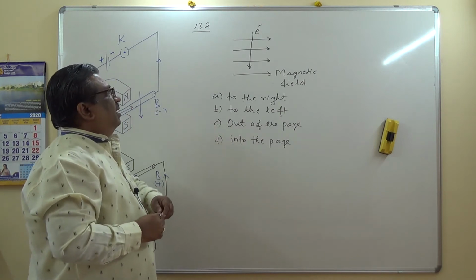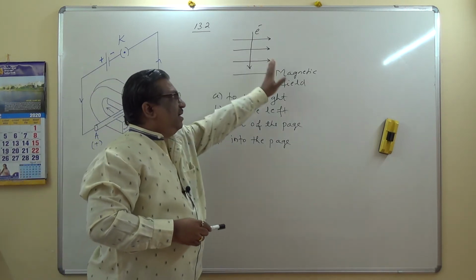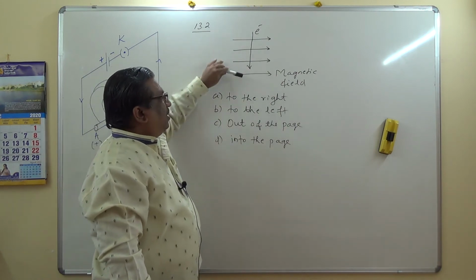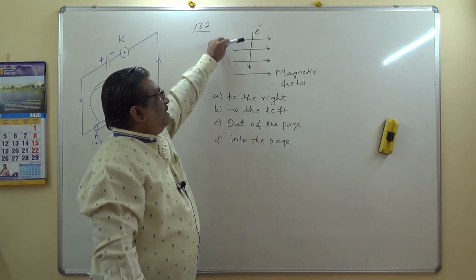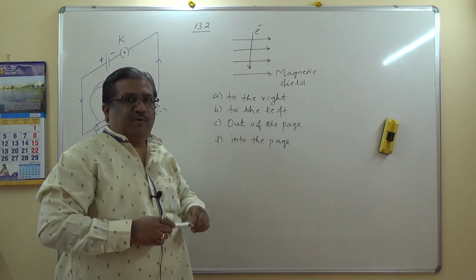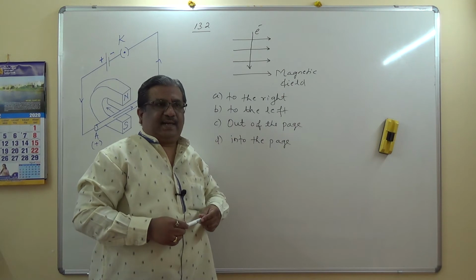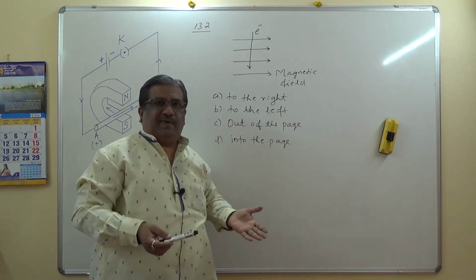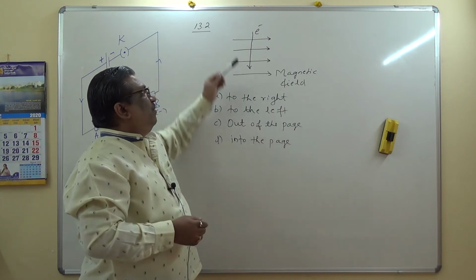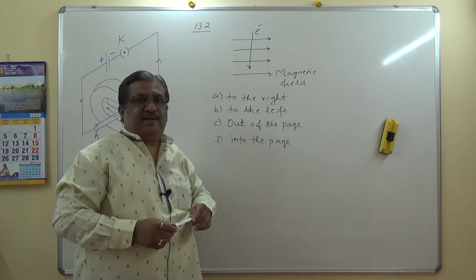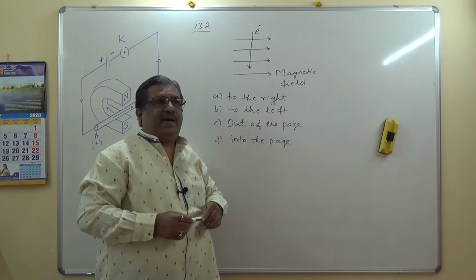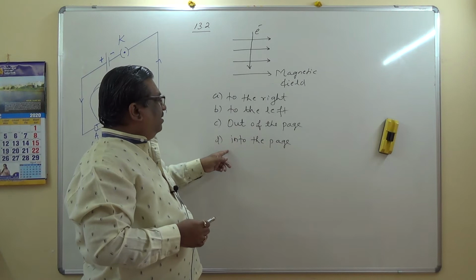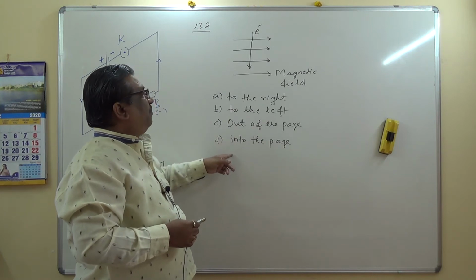So, as I said, this is a magnetic field. Electron is ejected from top to bottom. Whenever the electron moves, the moving charges cause the flow of electric current, and moving charges produce magnetic field, and therefore the moving charge experiences a force and thereby the deflection, and the deflection needs to be identified out of the four choices.